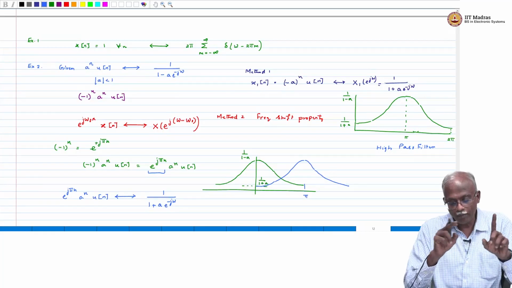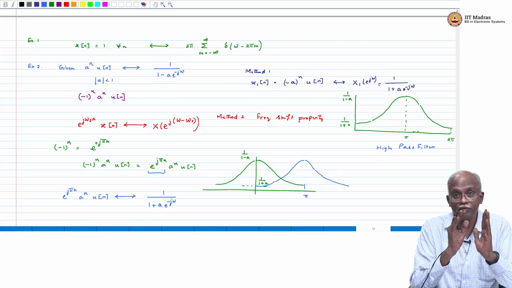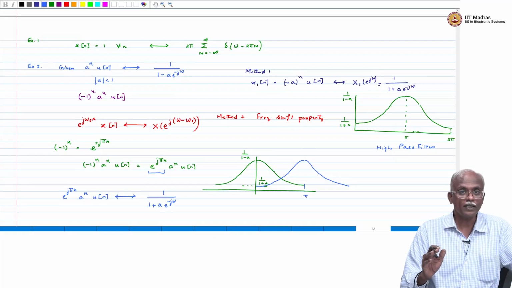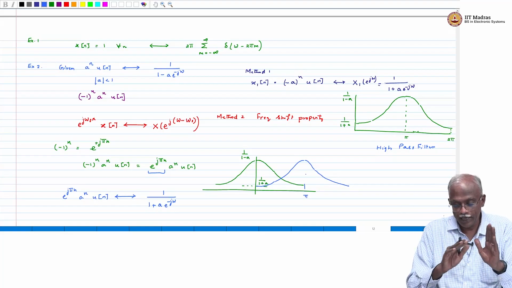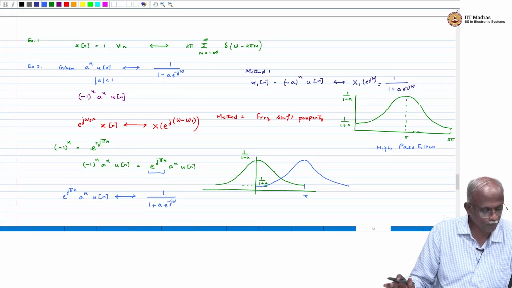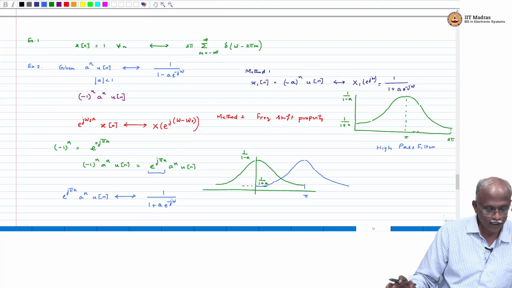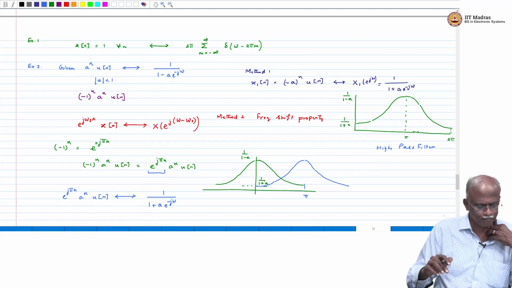So, minus 1 power n multiplying the sequence is a very interesting property. Whatever was the original spectrum, it will shift it by a factor equal to pi. Okay. And this is one of the applications of the frequency shift property, which we always want to keep in mind, and also always be able to apply.